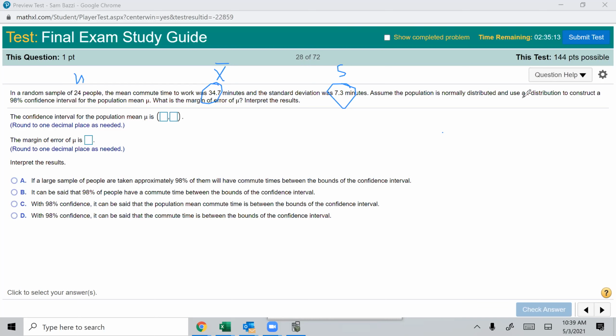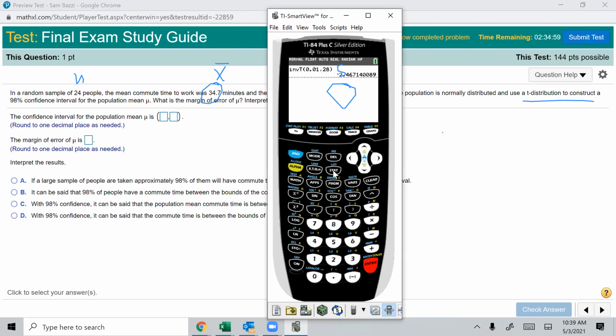Well, actually, he gave you a hint here. Use a T distribution, not a Z distribution, to construct a 98% confidence interval. Okay, that should be very straightforward since he even gave us the hint. So you go to stat, tests, T interval. Don't use Z interval.